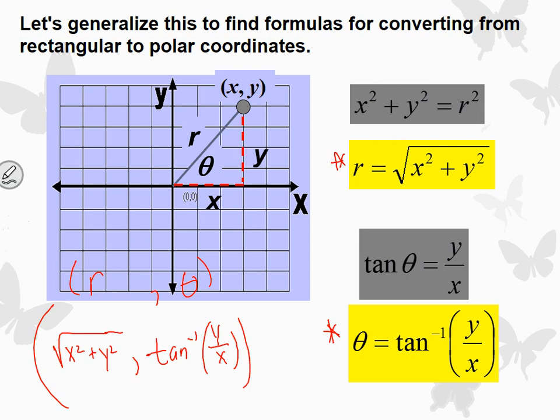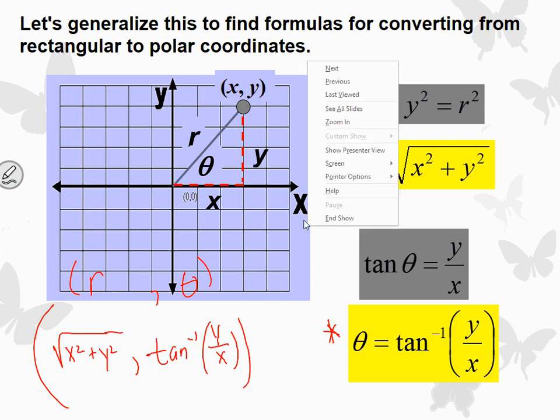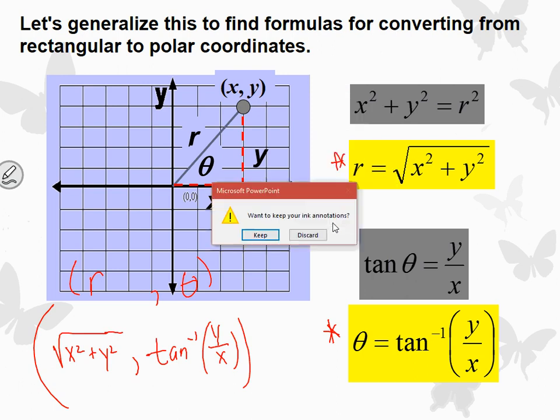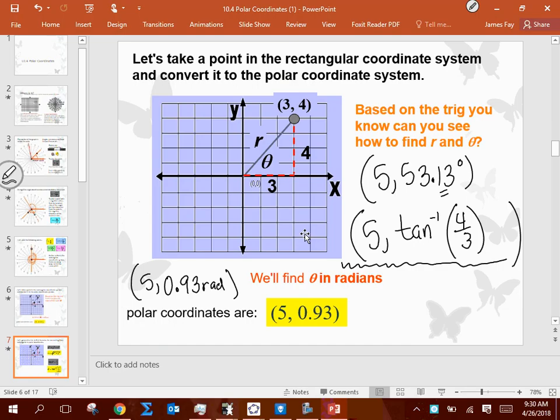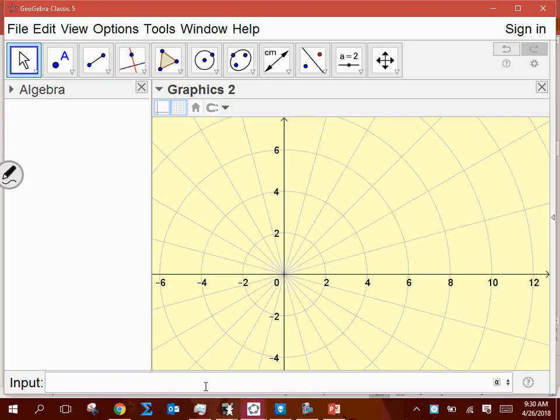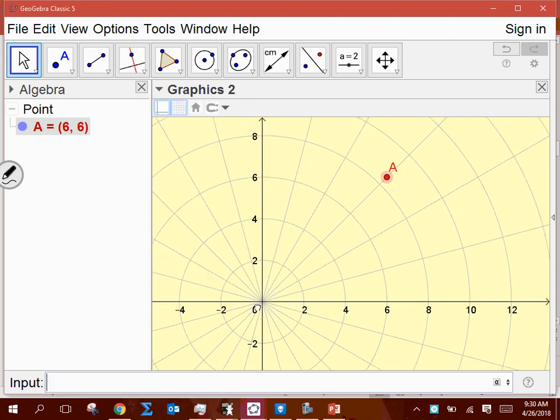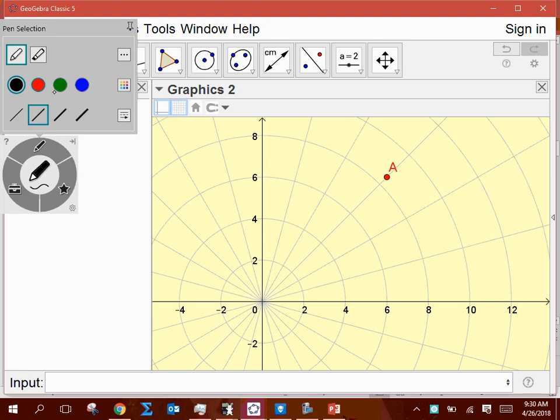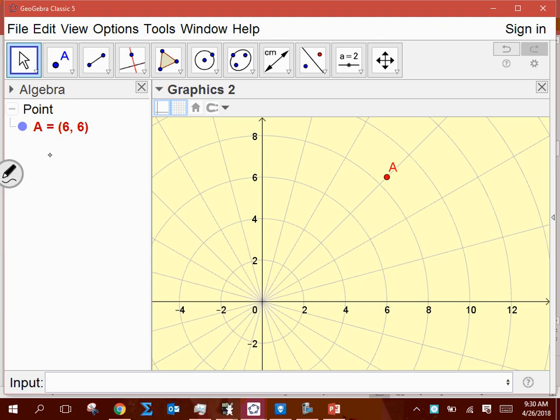Let's take a couple other points and see if we can do this. We'll just go 6 comma 6. Okay, so that point is 6 comma 6. Right now that's in rectangular form, and I want to change it into polar form.